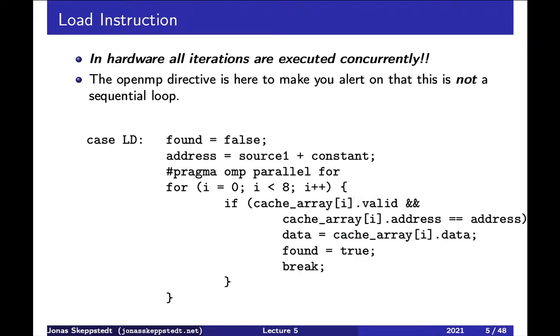But then you may think that this would be very expensive, since there would be hardware to compare the addresses, and if there are, for instance, 64 kilobytes, there would be a huge number of such comparators. That is done in a different way, but this is the essence of it.